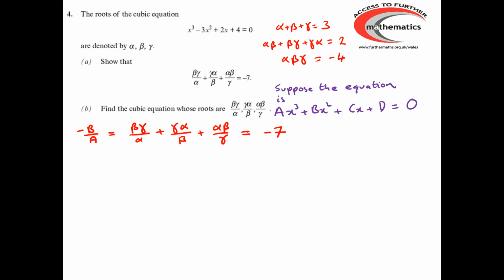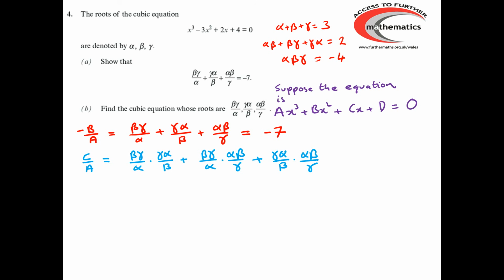So there's part A straight away coming into use to enable us to answer part B. c upon a must be the sum of the products of the roots. So we've got the first root times the second root, beta gamma over alpha times gamma alpha over beta, plus the first root times the third root, beta gamma over alpha times alpha beta over gamma, plus the second root times the third root, gamma alpha over beta times alpha beta over gamma.